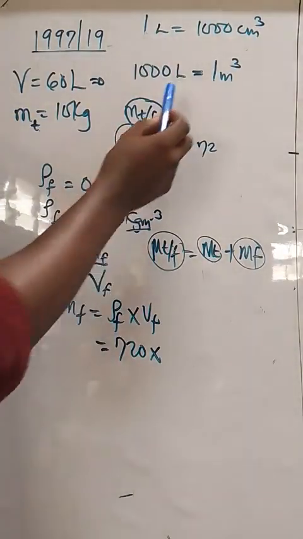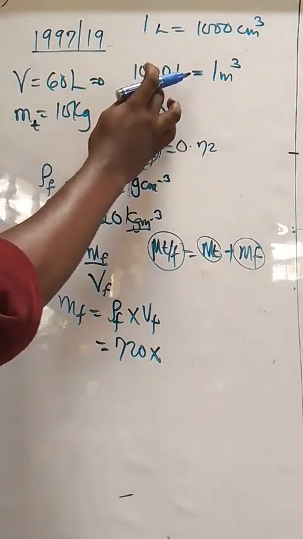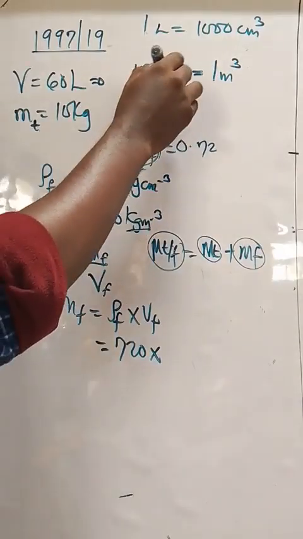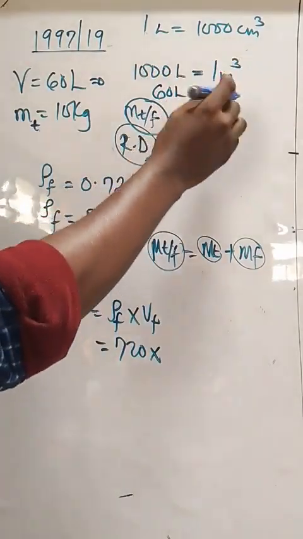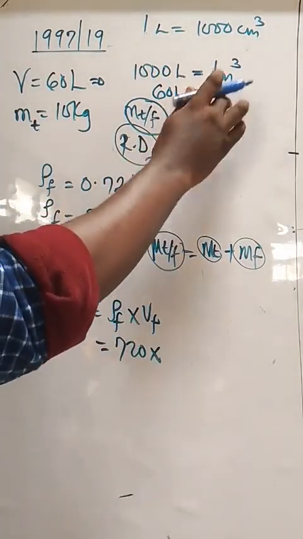What we need is liter to meter cube, so if 1,000 liters is 1 meter cube, 60 liters will be what? We need the volume of the fuel.